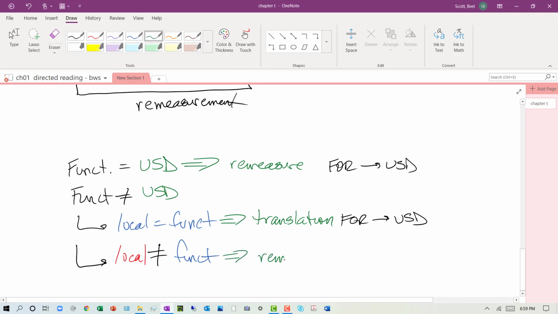Remeasure. First, remeasure foreign 1 into the functional currency, FC. Now the functional currency in this case is, let me just put this in, foreign currency number 2. This is the functional currency.